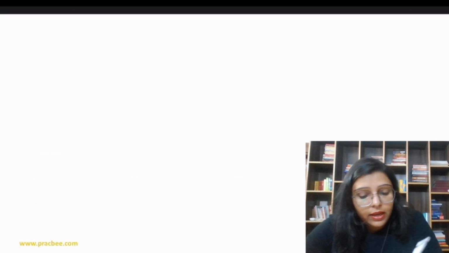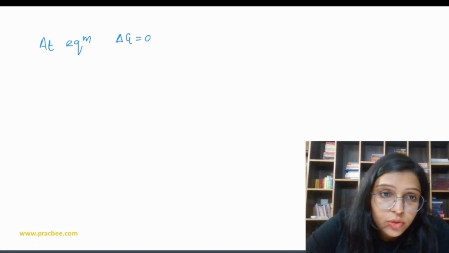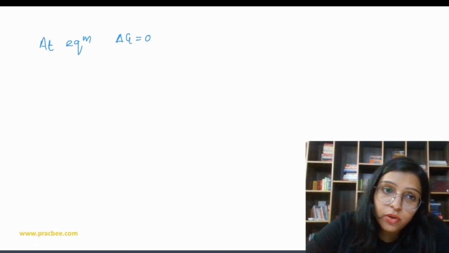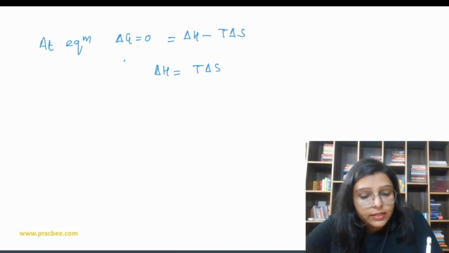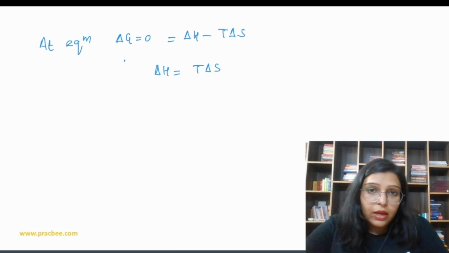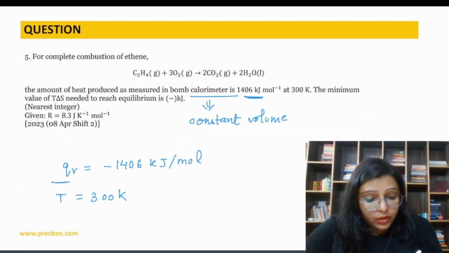We know that at equilibrium, delta G is equal to 0. Delta G is equal to delta H minus T delta S. So if delta G is 0, then delta H is equal to T delta S. Now, we have QV given.